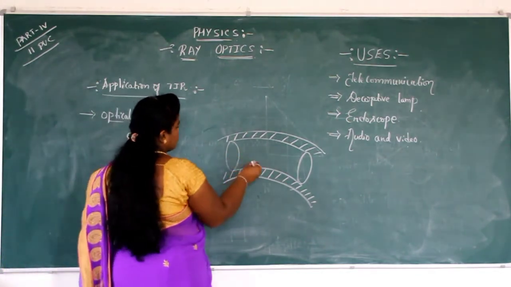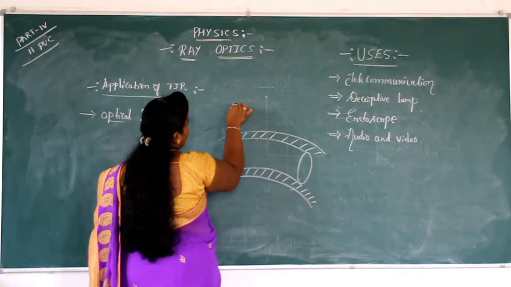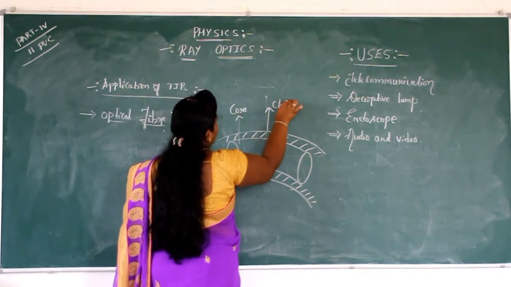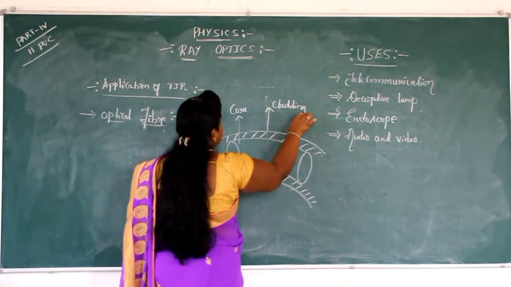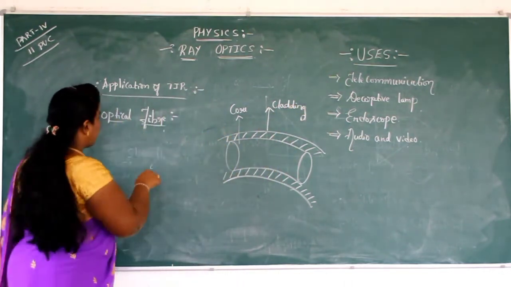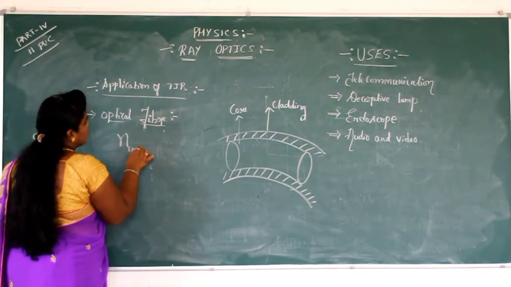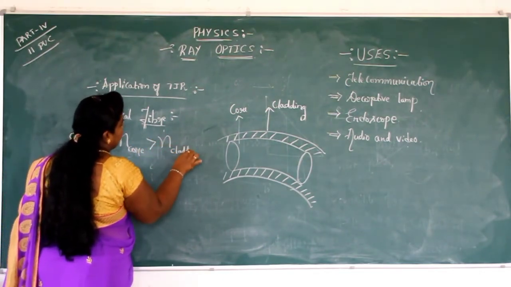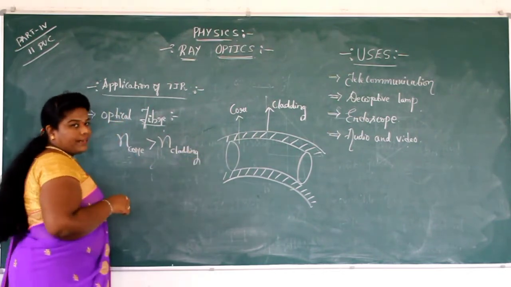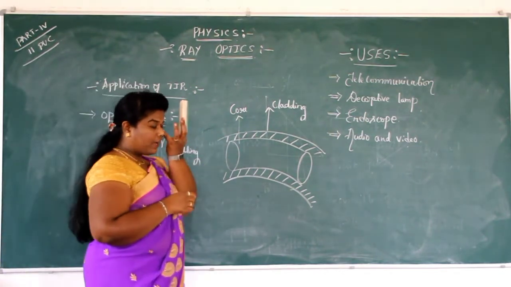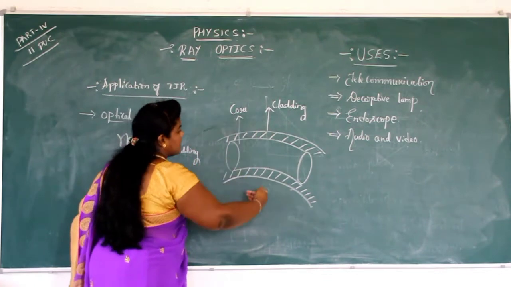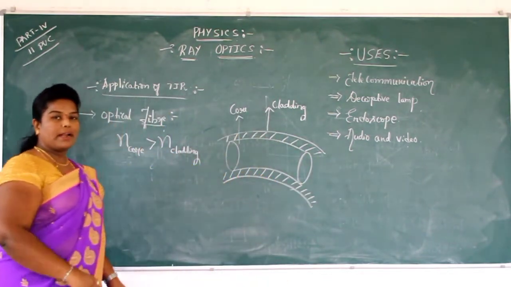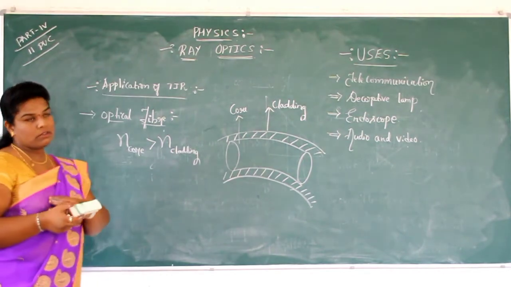This is the core, and this is the cladding. The refractive index of the core is always greater than the refractive index of the cladding. To protect the entire optical fiber, the core and cladding are again covered with an insulator that provides strength and also avoids loss of signal.